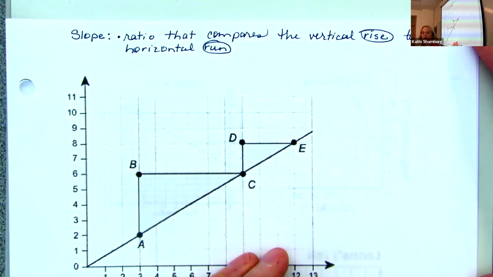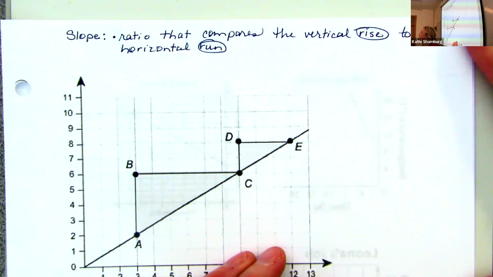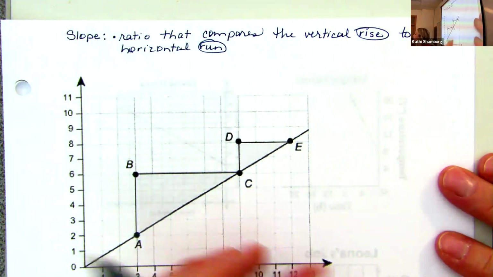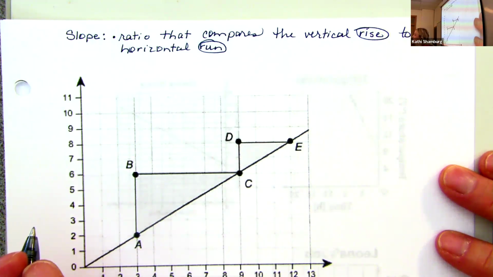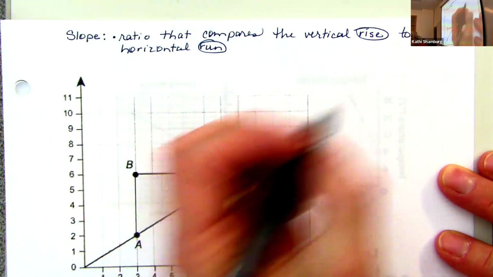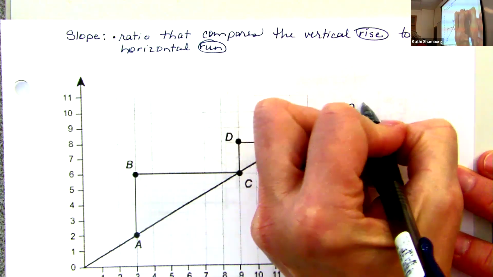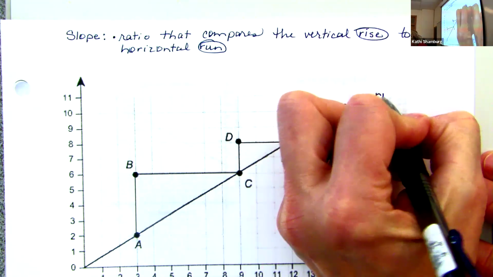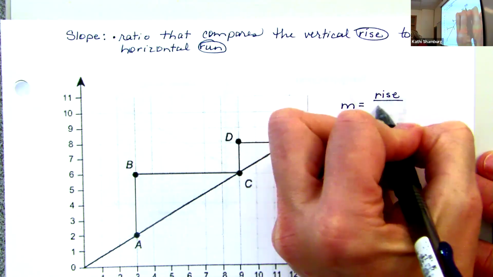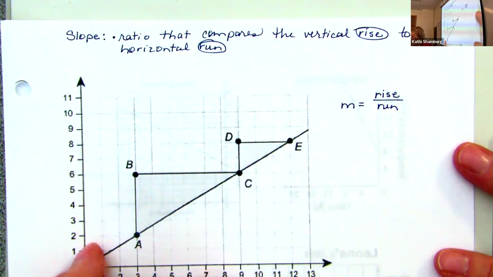So there's your rise over run. Does anybody remember what letter, and it's in the equation you just mentioned, was typically used to represent slope? M. So a slope is found by rise over run. And then when we start the unit, I'm going to point out the equation that Savannah told us.